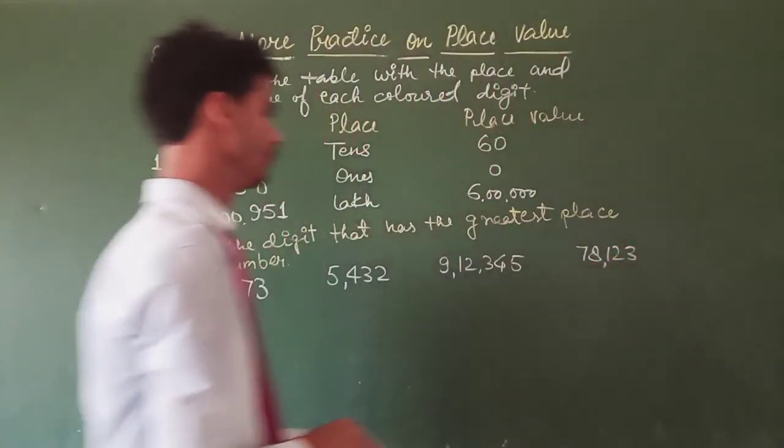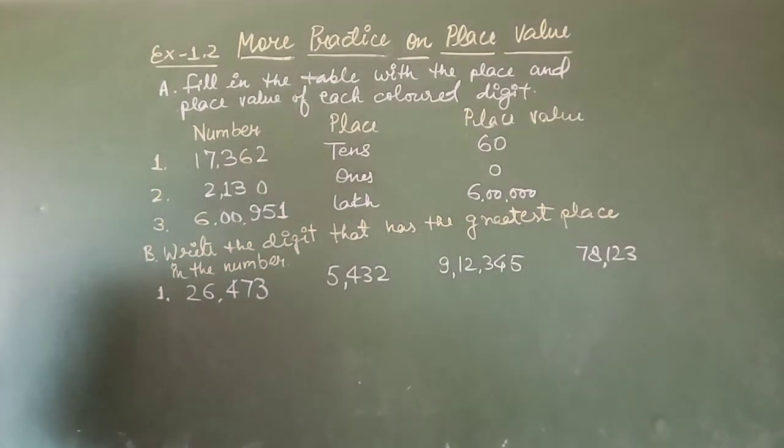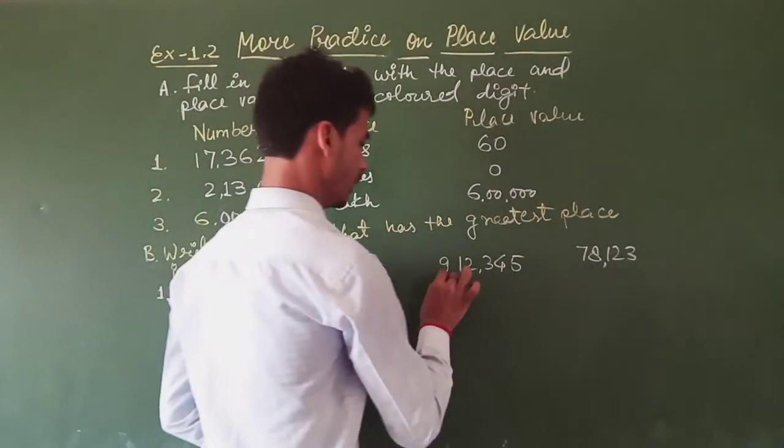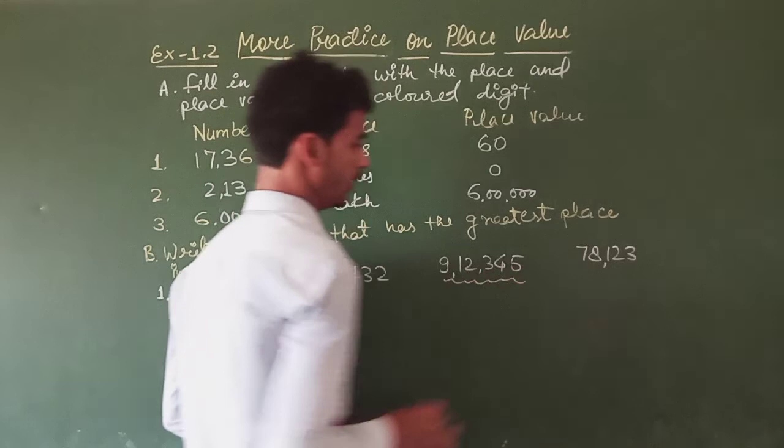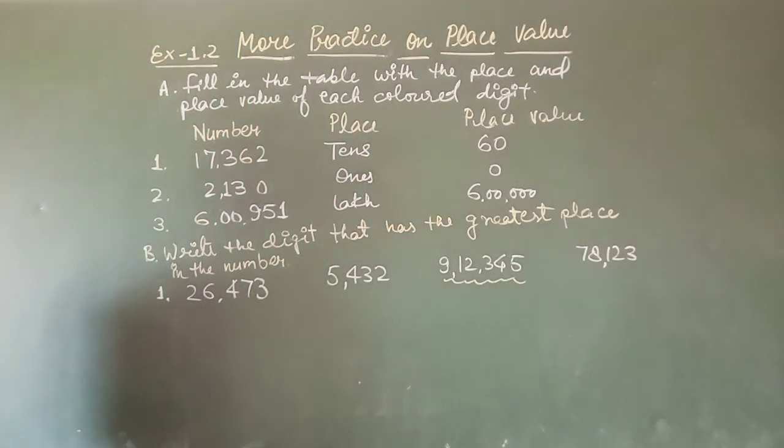We know which number has the greatest place value. So the number 9,12,345 has the greatest place value.